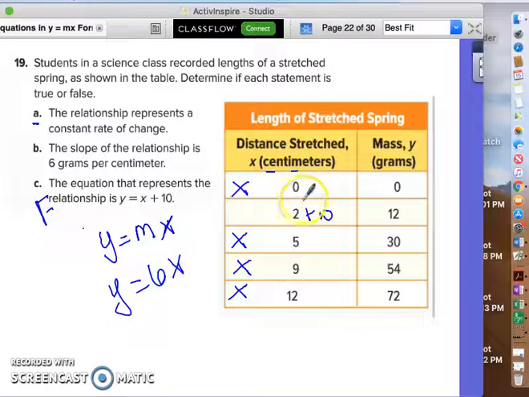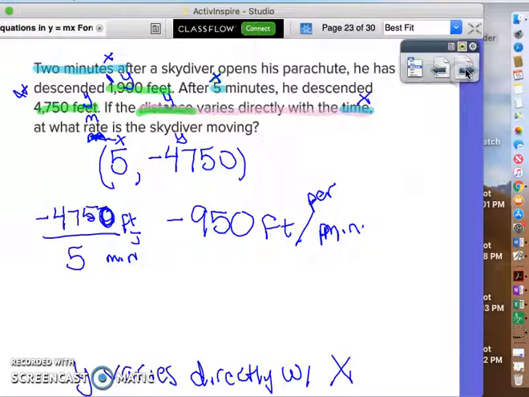Every time I'm going to multiply my x by 6, and I should get my y. 0 times 6 is 0. 2 times 6 is 12. So that works. I should maybe check mark it. That works, and that works. 5 times 6 is 30. That works. 9 times 6 is 54. They all work. Okay, so that's a little review.